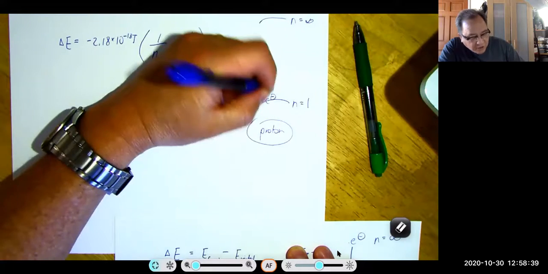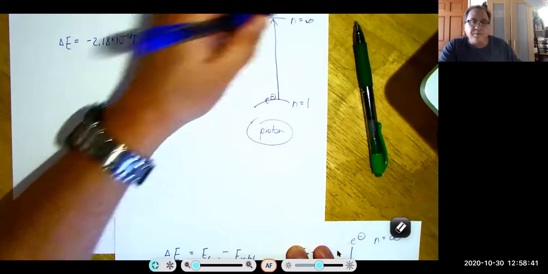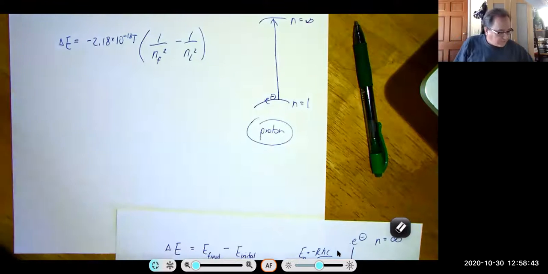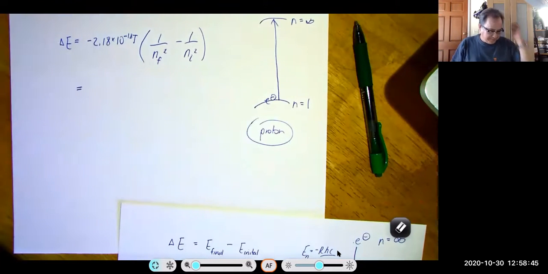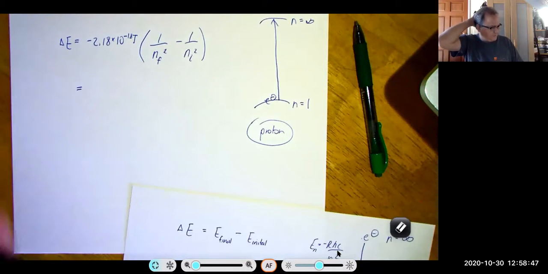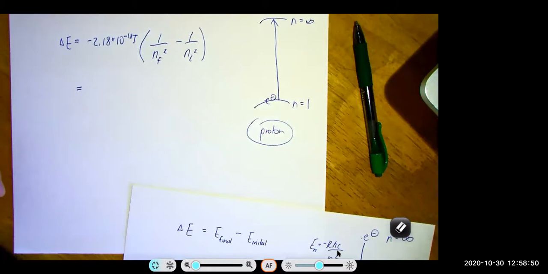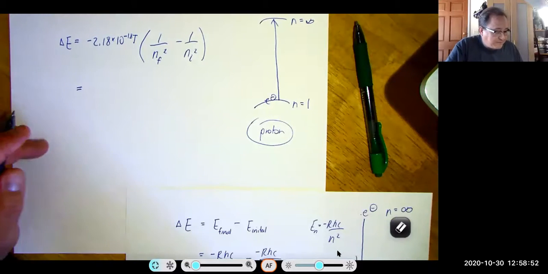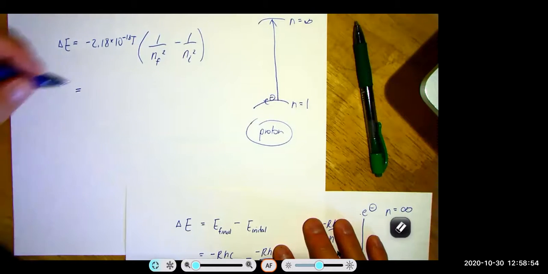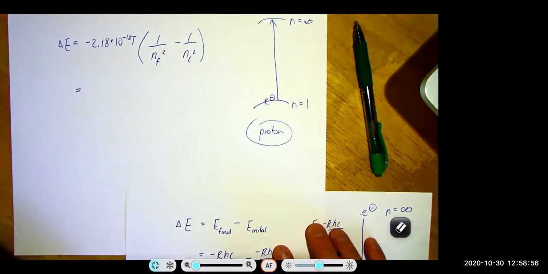Your electron starts here and you remove it all the way. What's the energy going to be? We move to infinity. That's the final.